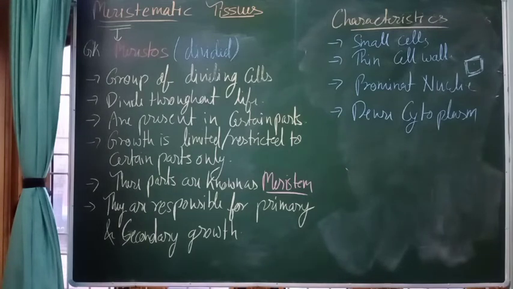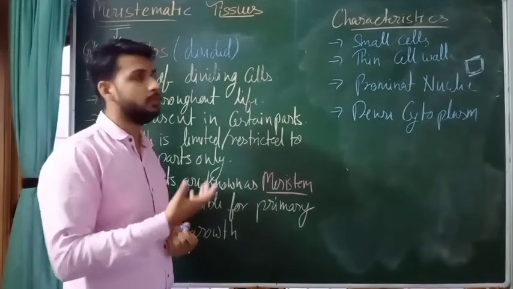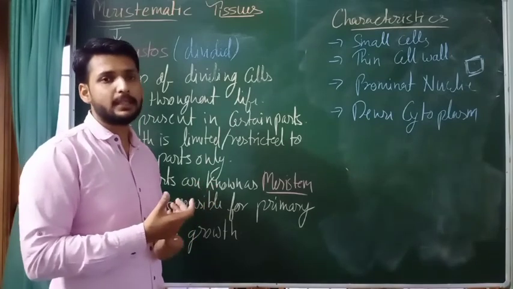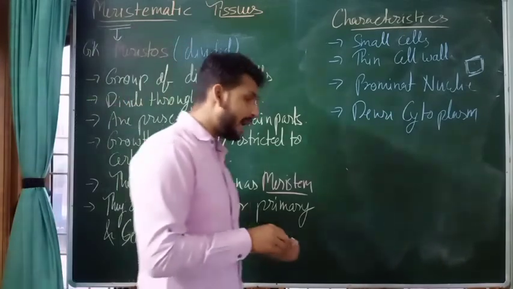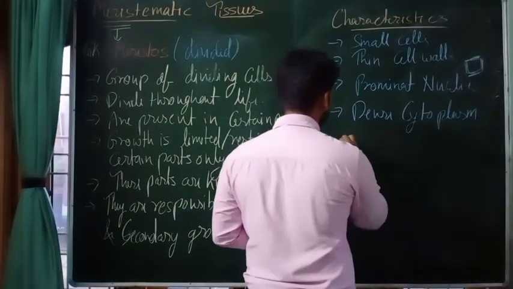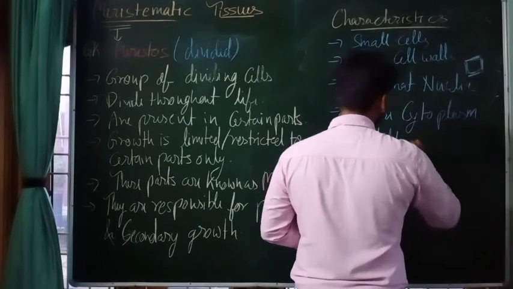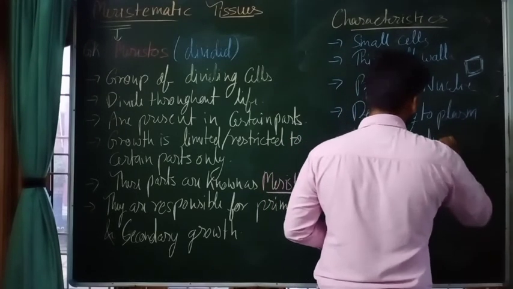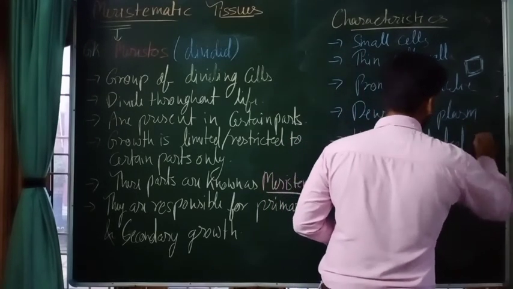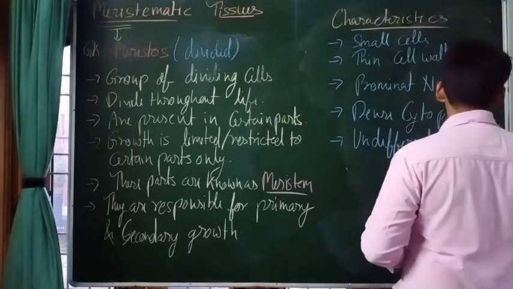Next, the cells divide throughout their life. These cells divide throughout their life, and that's why they are known as meristematic cells. And next, these cells are undifferentiated cells, right?